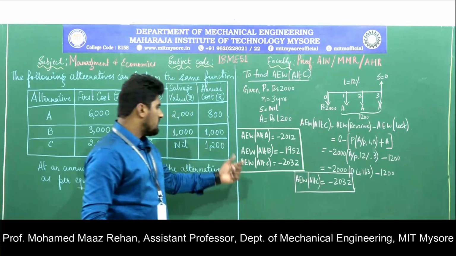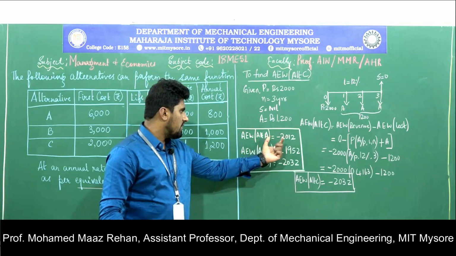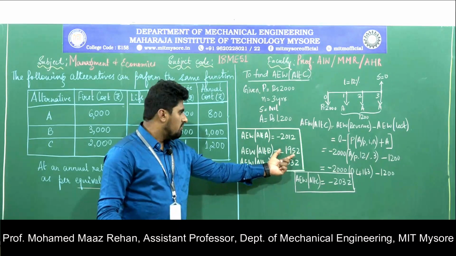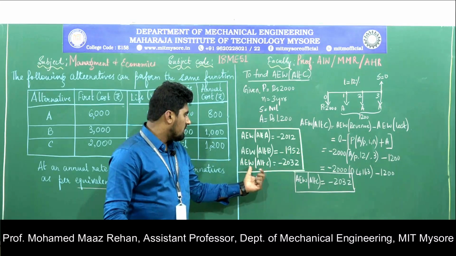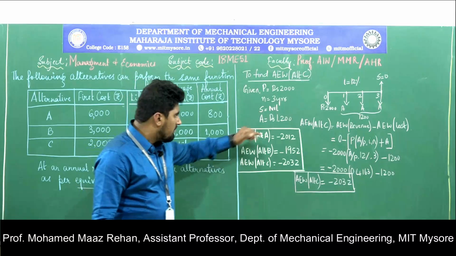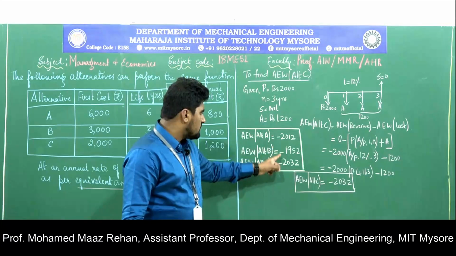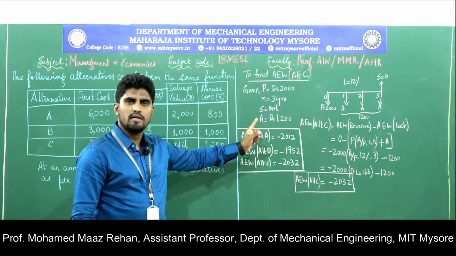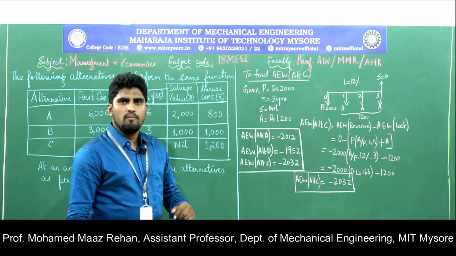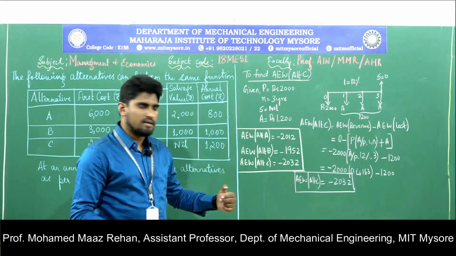Okay, this is what the alternatives we got, right? For alternative A we got minus 2012, for alternative B minus 1952, and for alternative C minus 2032. By comparing these three alternatives, since the values we got are costs, the negative values, it means we need to select the one which has the least value.